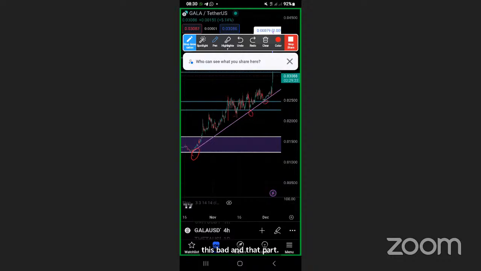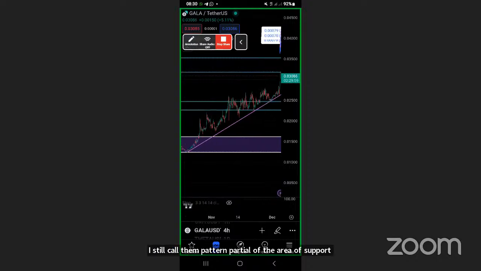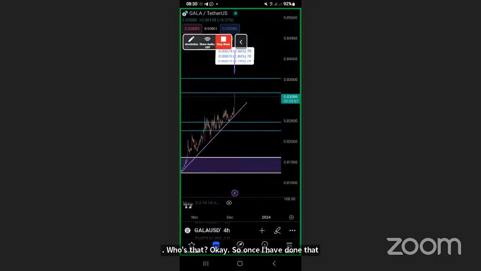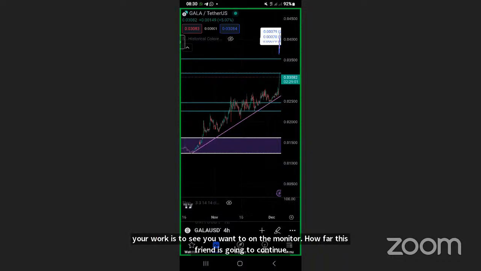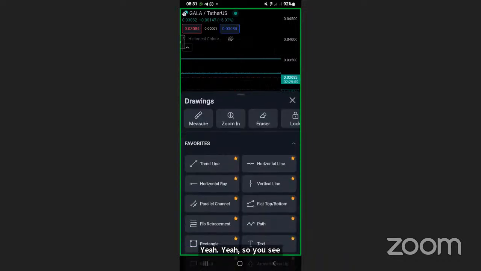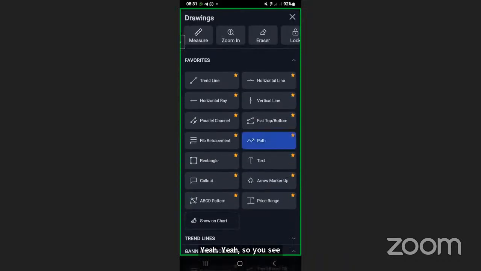You can see that this one did not really touch, this one didn't touch, this one did touch. But if I consider an area, I still call them part and partial of the area of support which I've drawn. Once you've done that, your work is to monitor how far this trend is going to continue. Whenever the market price goes up, it comes back.